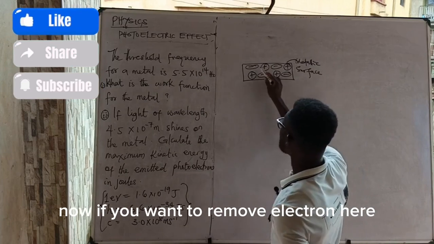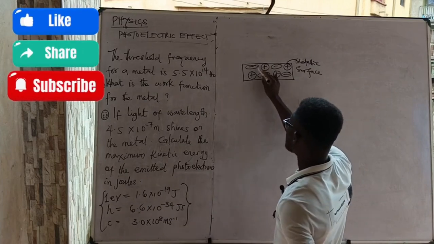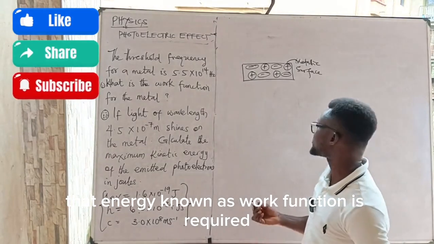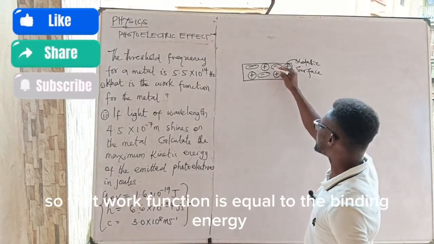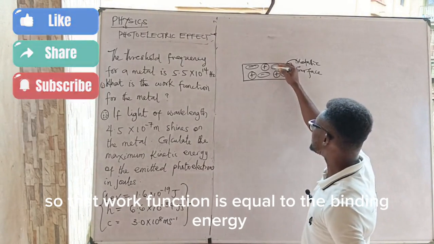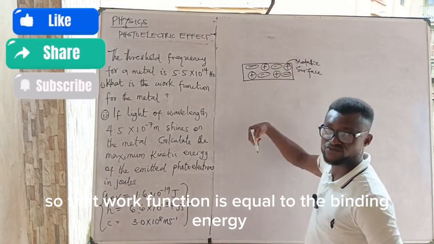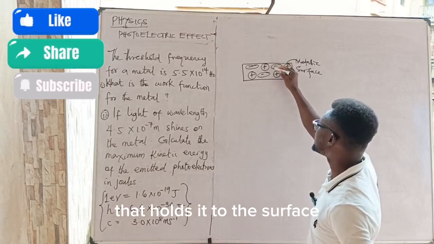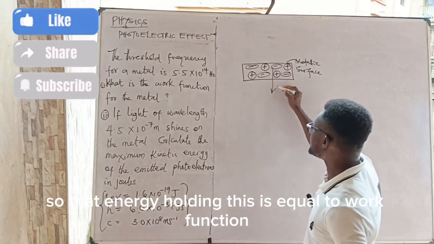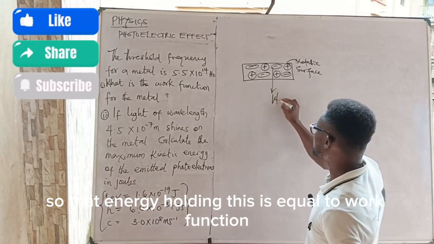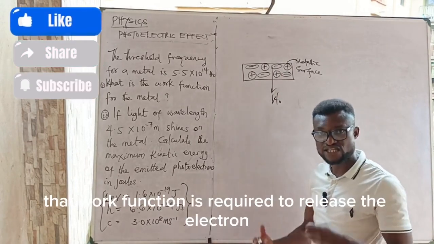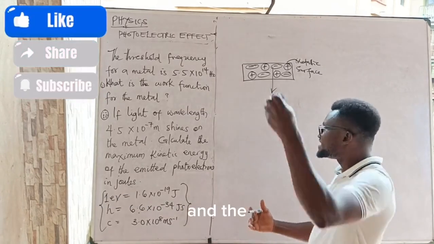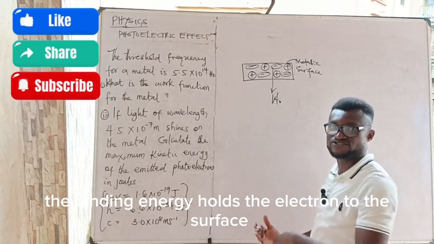Now, if you want to remove an electron here, that energy known as the work function is required. So that work function is equal to the binding energy, which is the energy that is pulling it downward, that holds it to the surface. So that energy holding this is equal to the work function. That work function is required to liberate the electron, and the binding energy holds the electron to the surface.